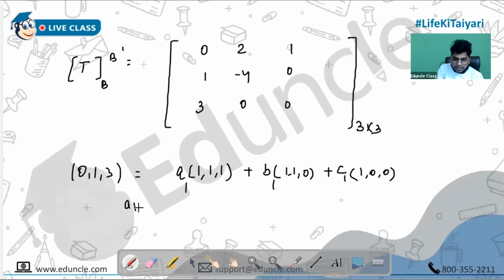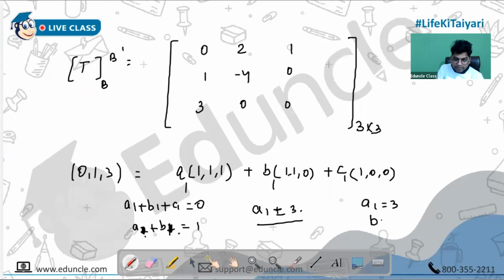So A1 plus B1 plus C1 is 0. So A1 की वैल्यू 3 आ गई, तो B1 की वैल्यू क्या आ गई?